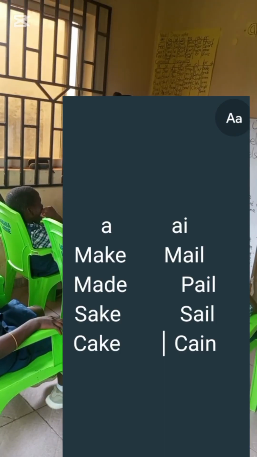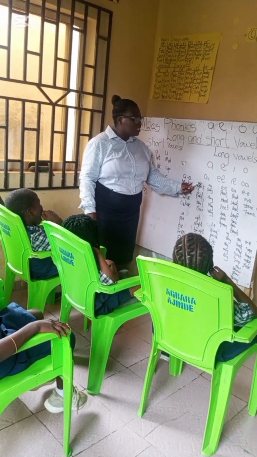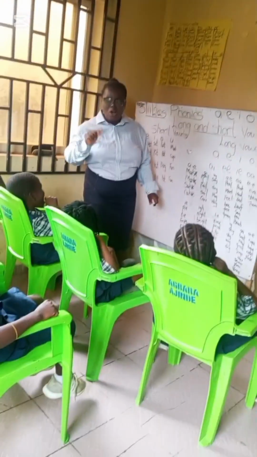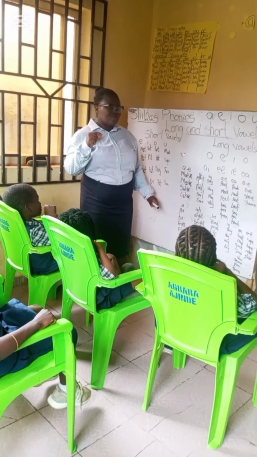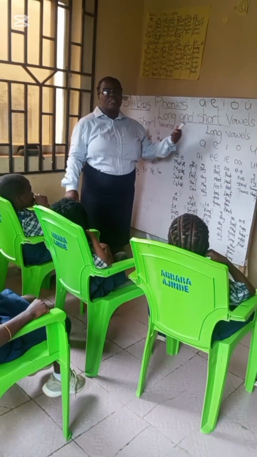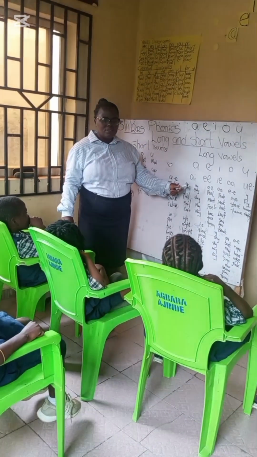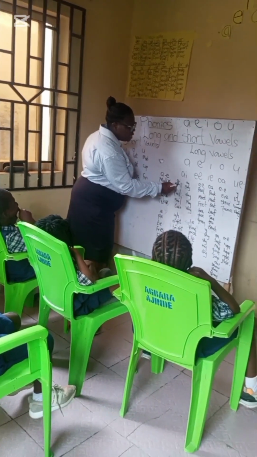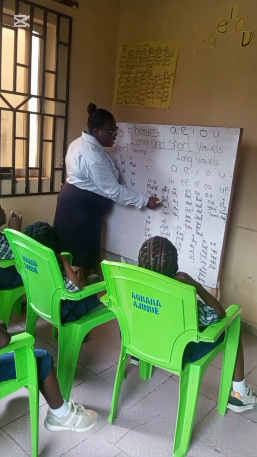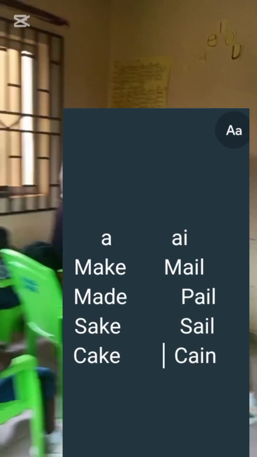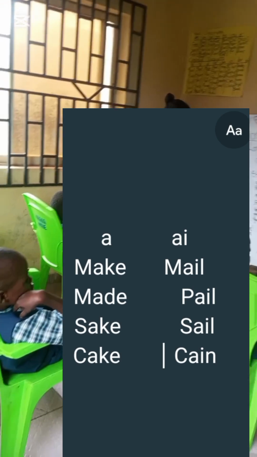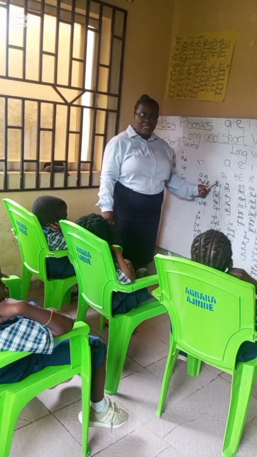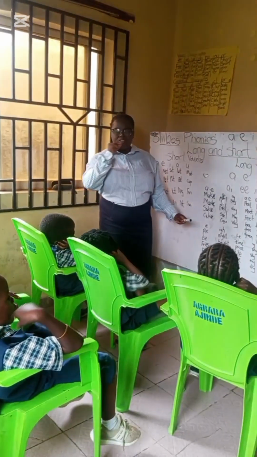So whenever two vowels are standing together, it's going to take the name of the first vowel, while the second vowel is silent. So I didn't call this A I. No, I call it A. A as in main. A as in pain. A as in sail. A as in rain. So you can see that we only mention the A while the I is silent.